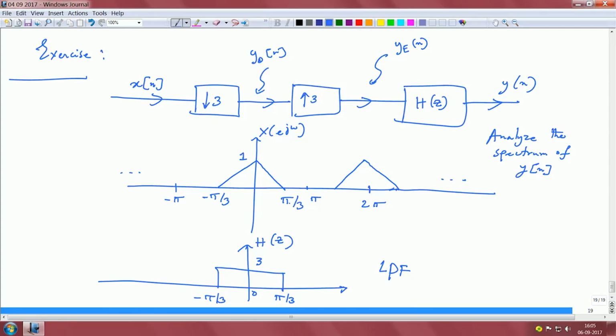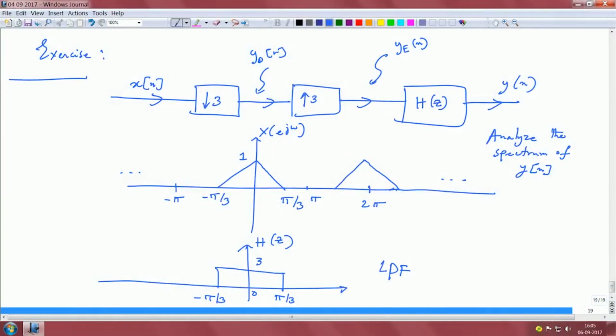For the k equals 0 component, it is basically a stretch. For the remaining M minus 1 components, M equals 3 in this case, that is the remaining 2 components, you will be translating by 2π and 4π. So, you will have ω minus 2π over 3 and ω minus 4π over 3, basically. Plot that spectrum. There will be a scaling of 1 by 3.